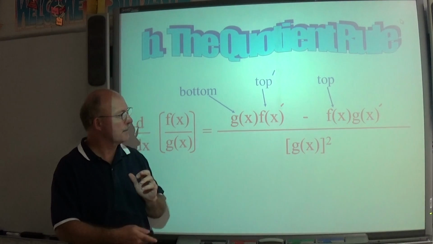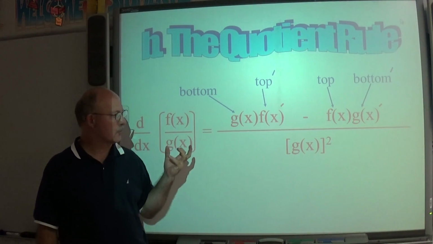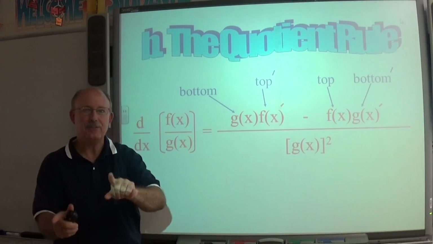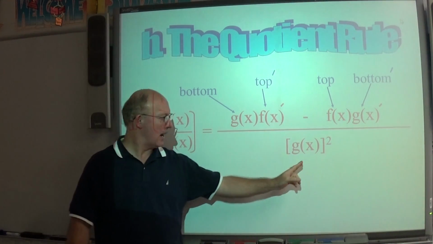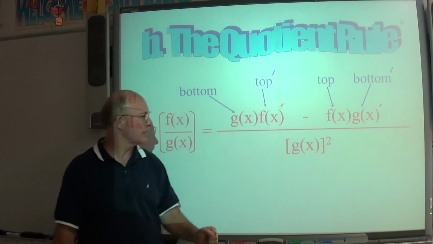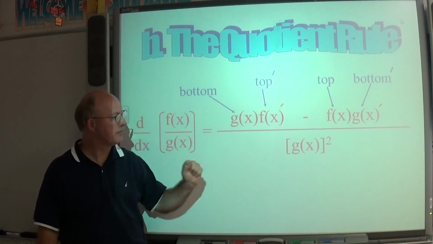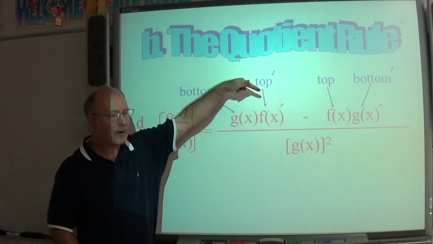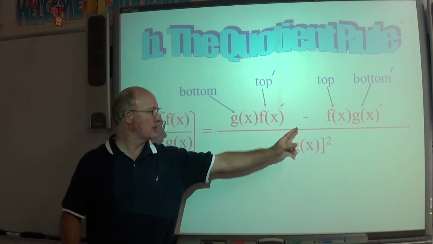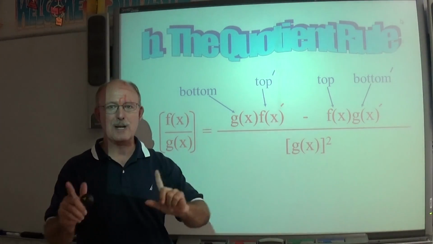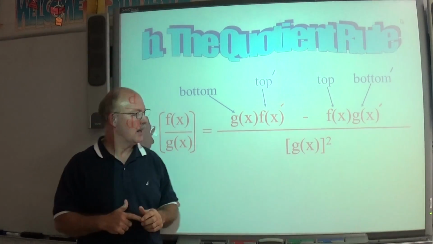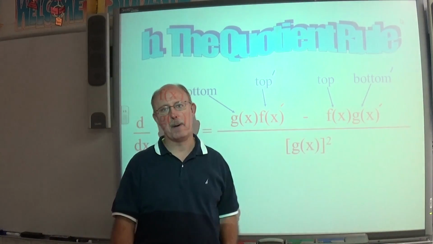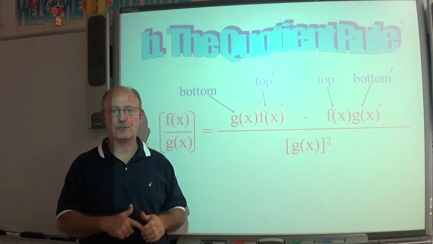You have to be very careful with the quotient rule, because in your numerator you have this subtraction, and it has to go in this order. The bottom squared in the denominator, and then the bottom times the derivative of the top minus the top times the derivative of the bottom. If you get the numerator reversed, you miss it because of the subtraction. Remember, subtraction you cannot rearrange like you can addition. So it has to go bottom times the derivative of the top minus the top times the derivative of the bottom. So that's how the quotient rule has to go.